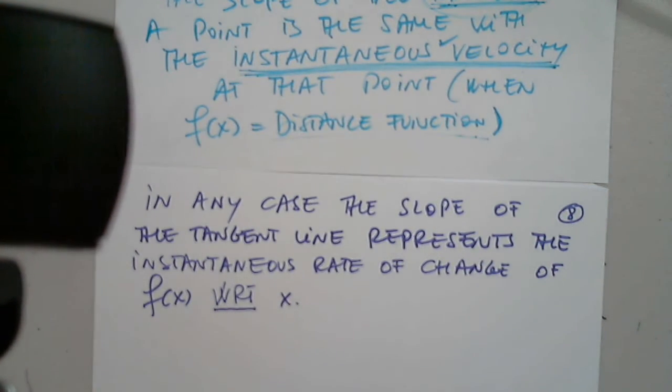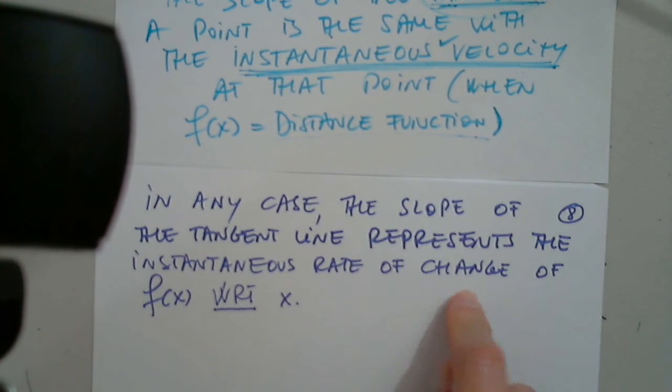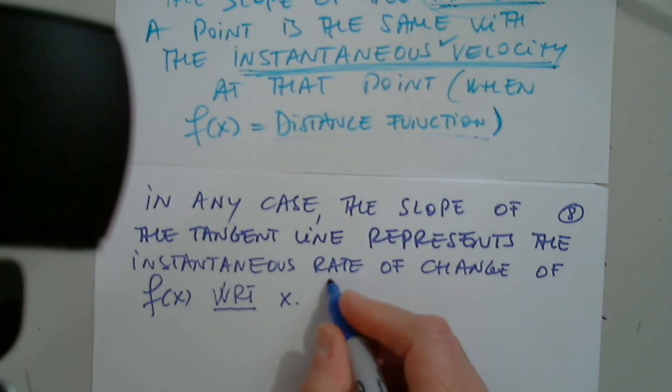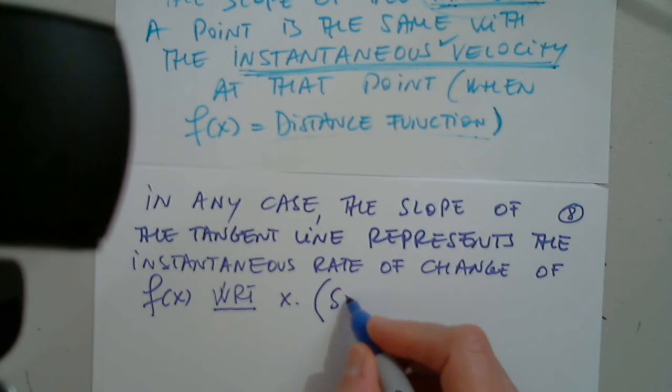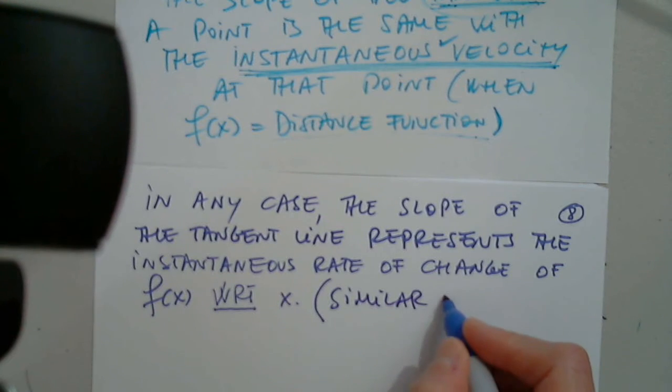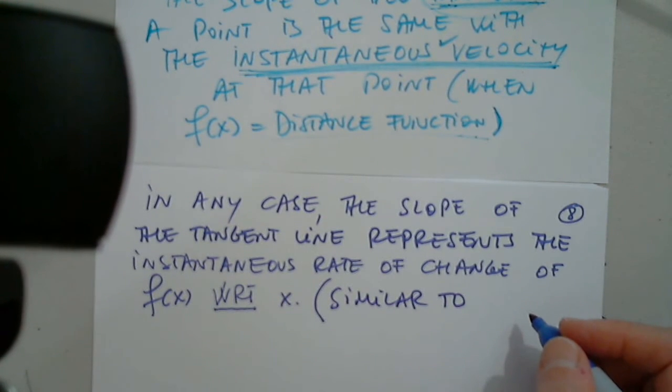In any case, the slope of the tangent line, or the instantaneous velocity, represents the instantaneous rate of change of f of x with respect to x, which we already know is similar to, anyone?